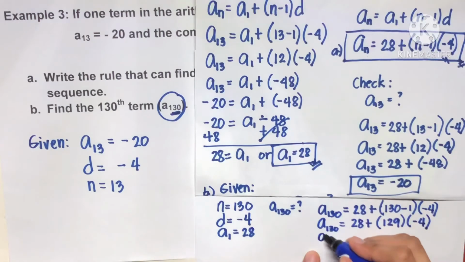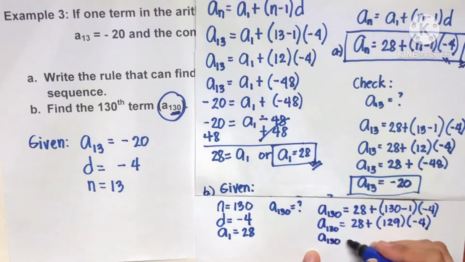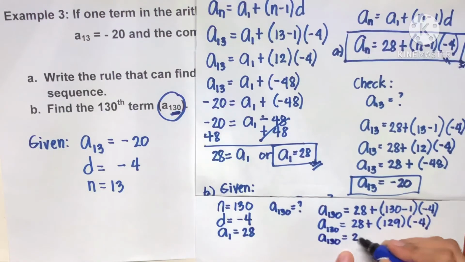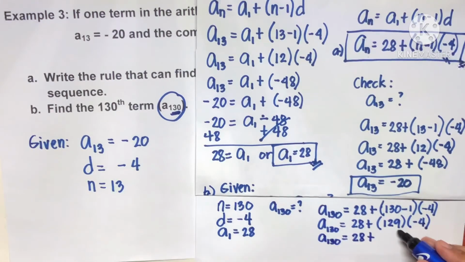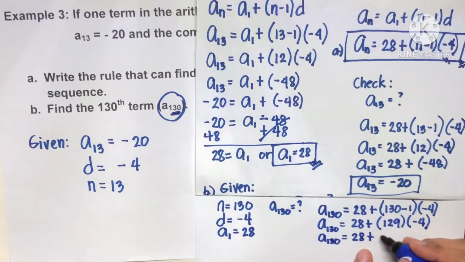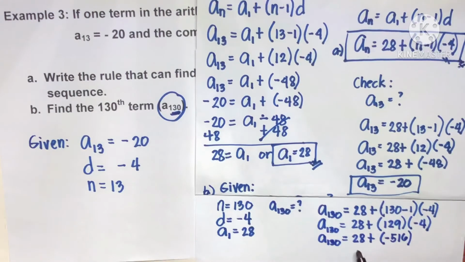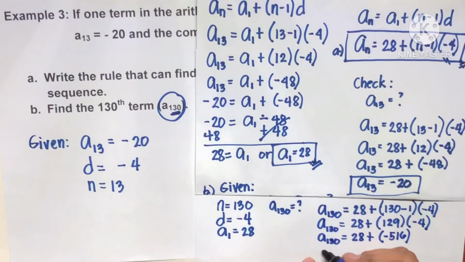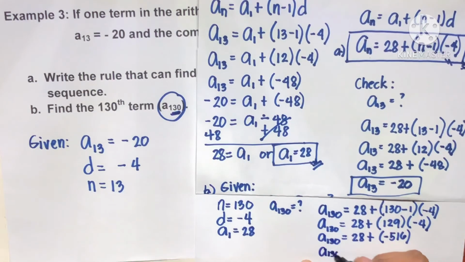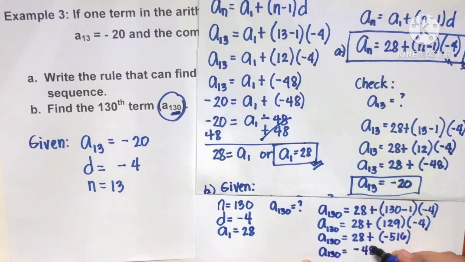So a sub 130 equals 28 plus, so 129 times negative 4 is equal to negative 516. So we will add 28 and negative 516. So a sub 130 is equal to negative 488.